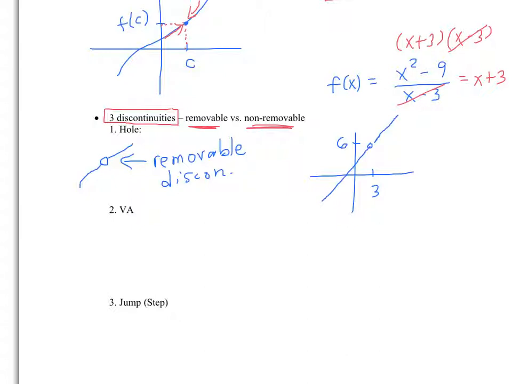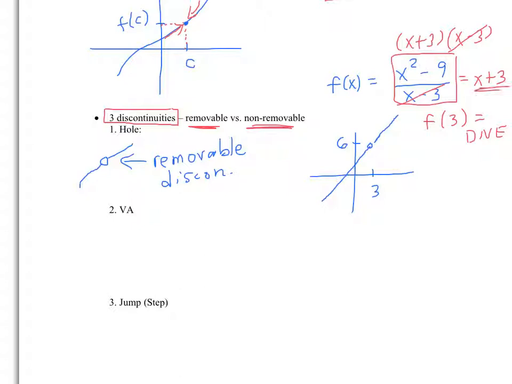Well, if I were to plug 3 into the original function, I would get something that is undefined. Or in your calculator, if you look in your table of values, where x is 3, it would say error. So that's if we were to plug into the original function.